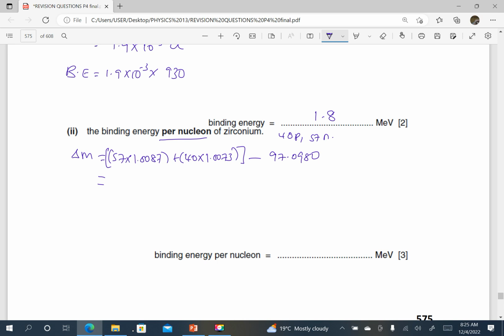So from my calculator, the difference here is 0.69 in unified atomic mass units.